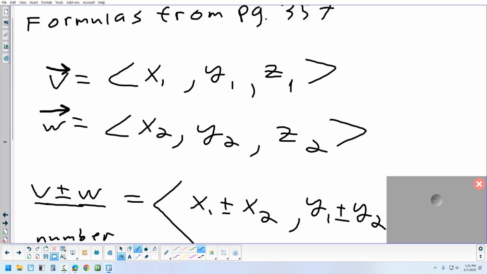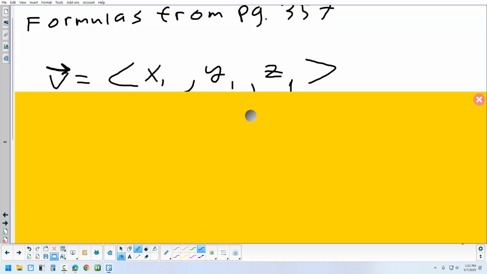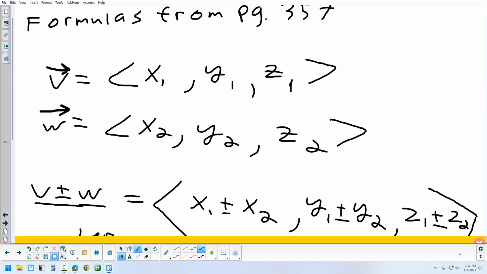What do you think we have for 3D now? Z. z1 plus z2. Correct. If you're subtracting the vectors in 2D, x1 minus x2, y1 minus y2, and you're done. If you're doing it in 3D, you have one more step, z1 minus z2. So that's adding or subtracting in 3D.